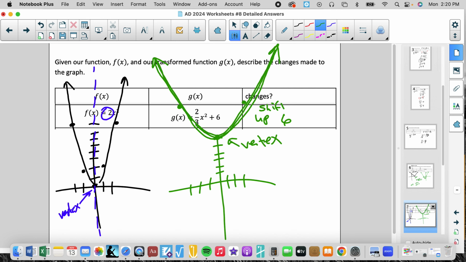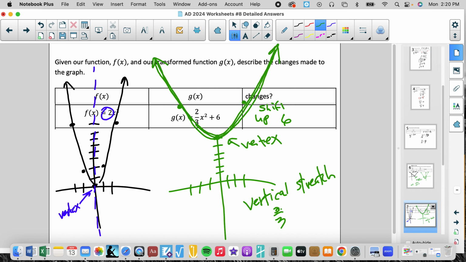It's not going to move left or right. And then it's going to be a, I don't know if it's called a vertical or horizontal stretch. We'll say vertical stretch of 2/3.